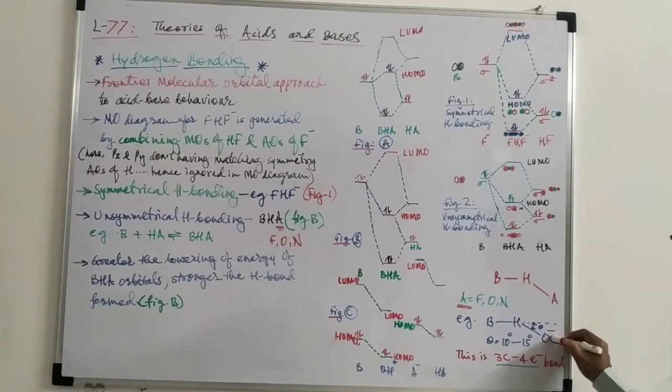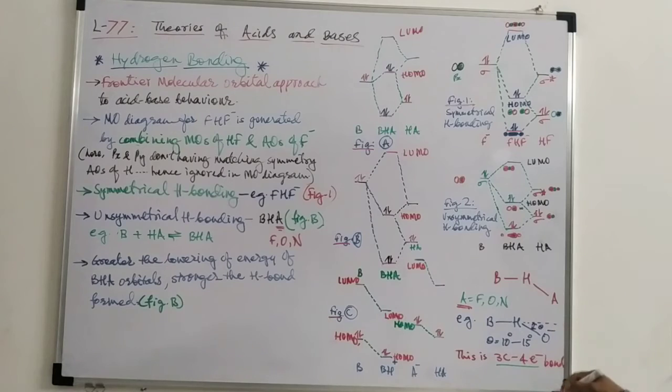This is electron rich, and because of this, the electron of this H plus is nearly transferred to this oxygen. So electron density is moving much away from the hydrogen, and it is nearly transferred to oxygen. So this bond has less existence, and therefore the electron density plays a very important role.